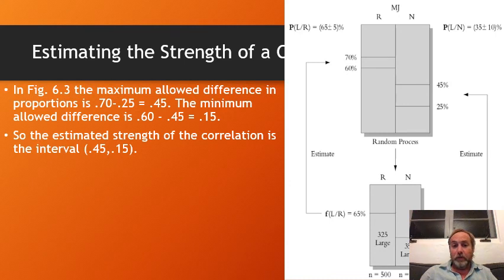So we'll take 0.7 minus 0.25, so that's again the widest range, 0.45, and then we'll take 0.6 minus 0.45, so 0.15 is the sort of the smallest range. So then we can say the estimated strength of the correlation is the interval 0.45 comma 0.15. So the strength of the correlation is somewhere in there between those two values.